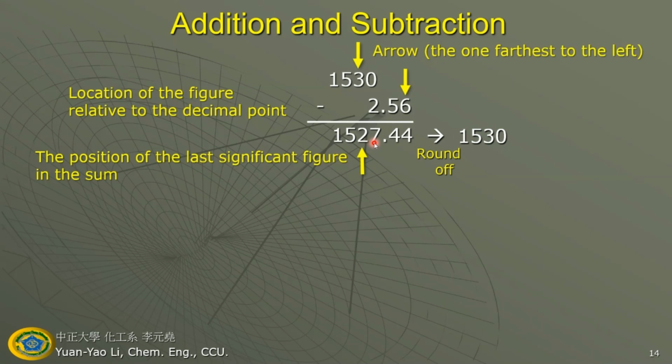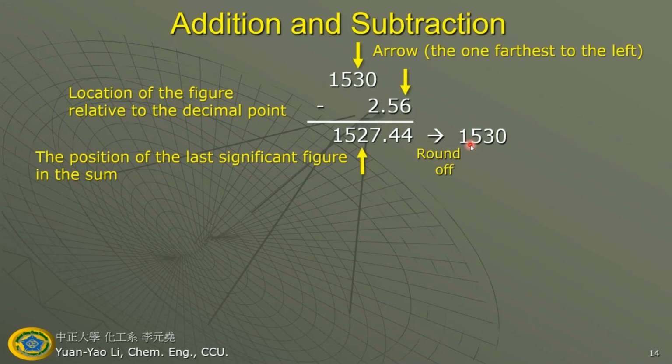If the number is more than 5, you add 1 in the front. If the number is less than 5, like 4, 3, 2, 1, 0, you just remove it. As a result, if you do the round-off, the answer you can get is 1530. Okay, so this is the answer.